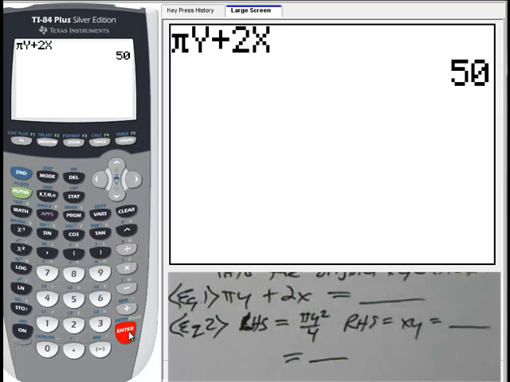Okay, nice. Alright, now equation 2. The left-hand side was originally pi times y squared, divided by 4.